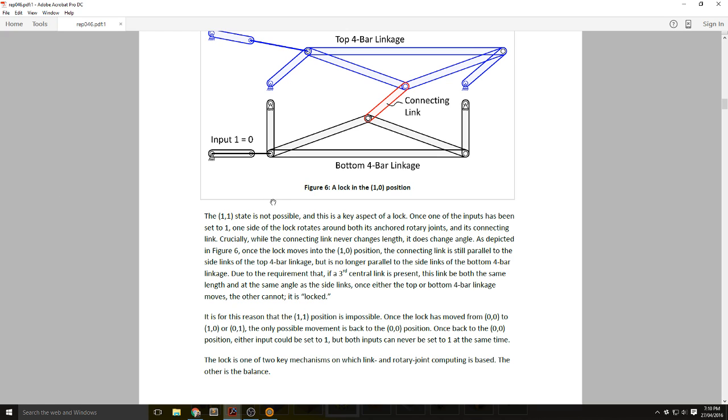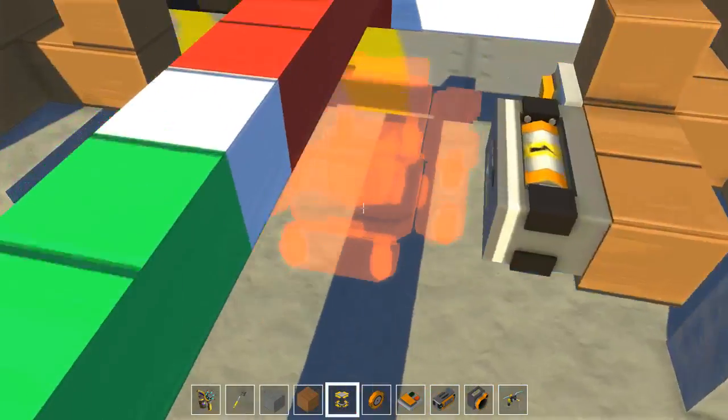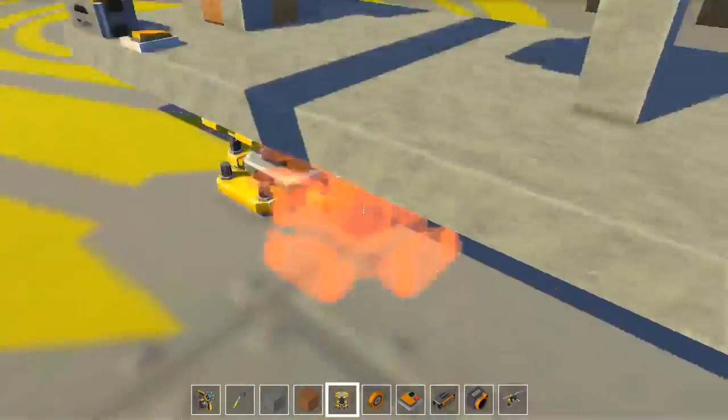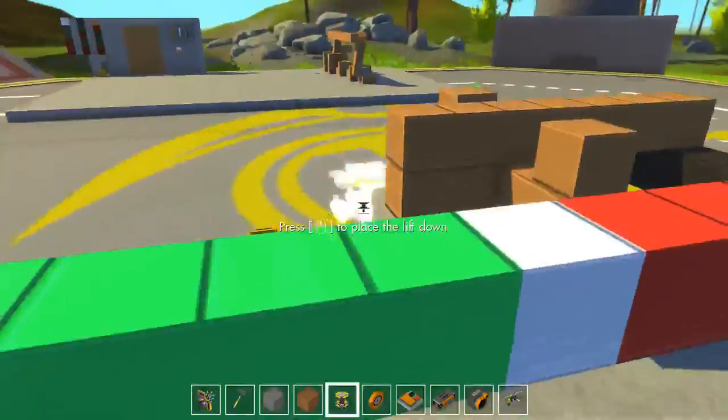So the test is that 1-1 is not possible, and the starting state is 0-0. So we must be able to prove that both inputs cannot be set to 1-1 at the same time. So this is in 0 because it is in the center.